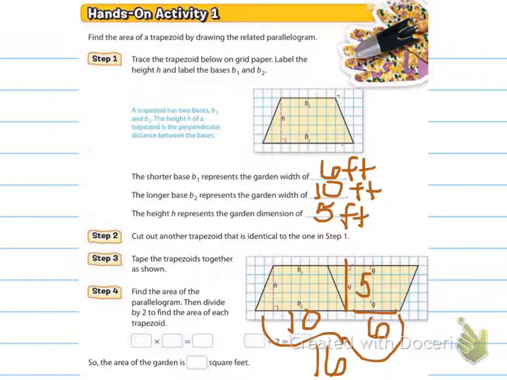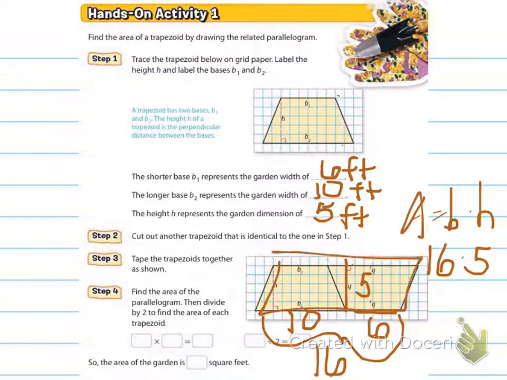So, area equals base times height, remember OSS, original is our starting point, area equals base times height for a parallelogram, we would have 16 times 5, and that would tell us what it would be for the whole parallelogram. So that's 80 feet squared.